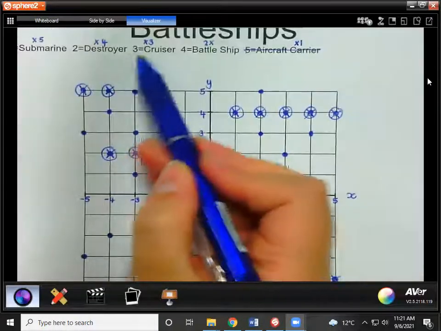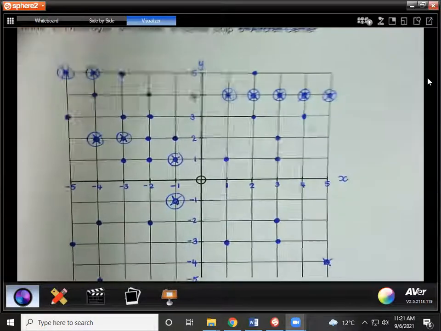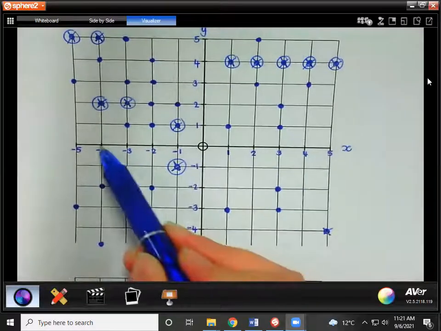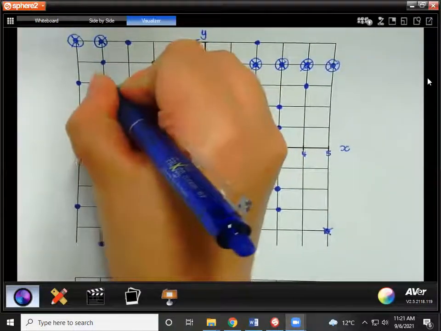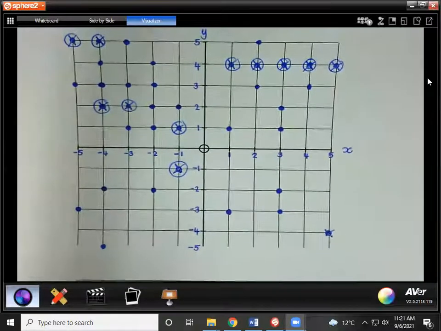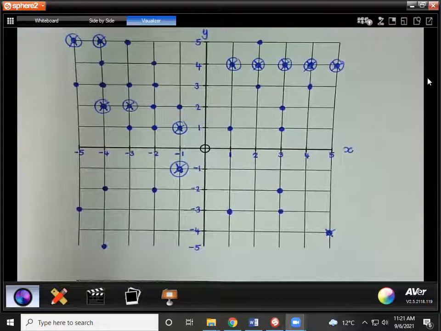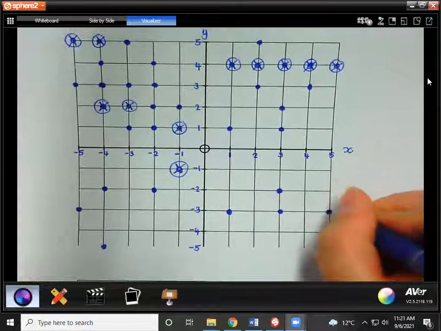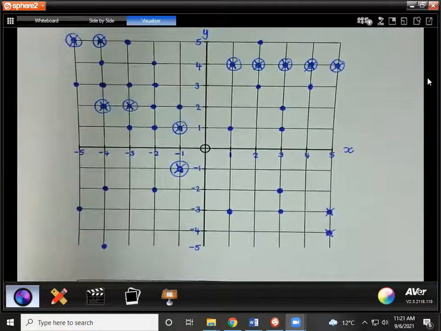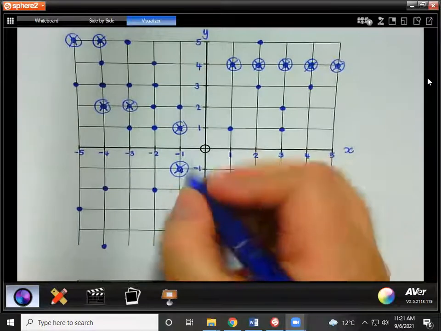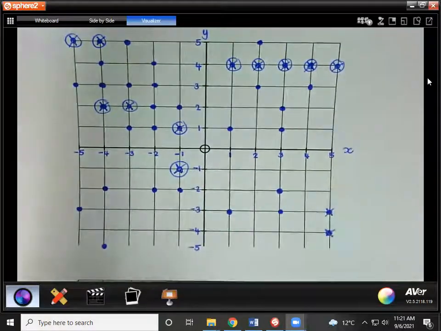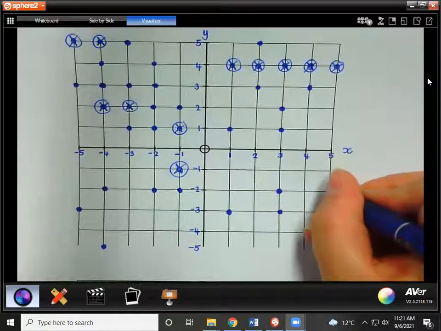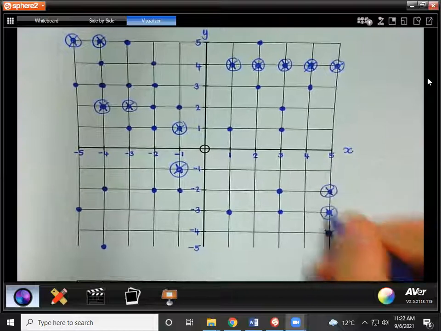So the 3.1 is over there. -4, 3 is a miss. 5 and -3, hit, cruiser. -1, -2, miss. 5, -2, yes, cruiser. So there we go, that one is gone.